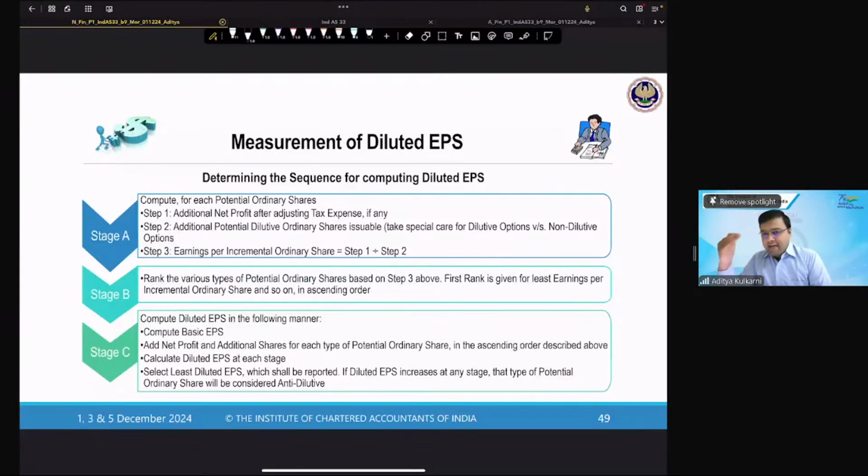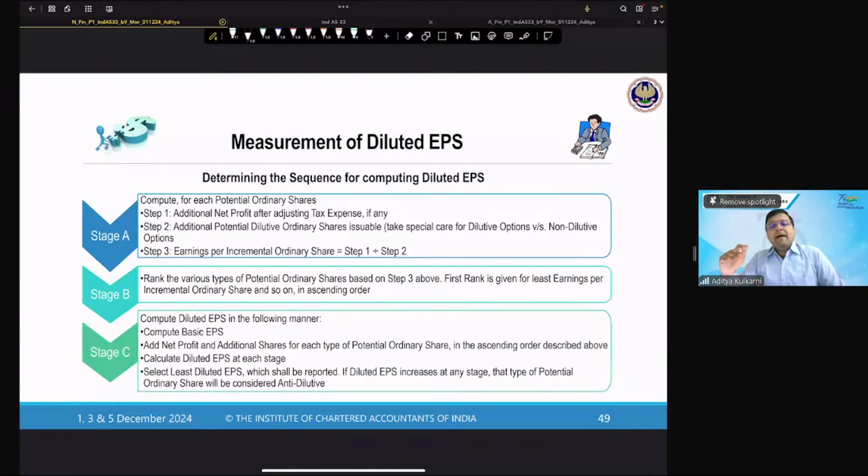Now, what the standard wants is you have to factor in all these instruments to arrive at the maximum possible dilution. And that will be your reported diluted EPS. Are we okay with this?